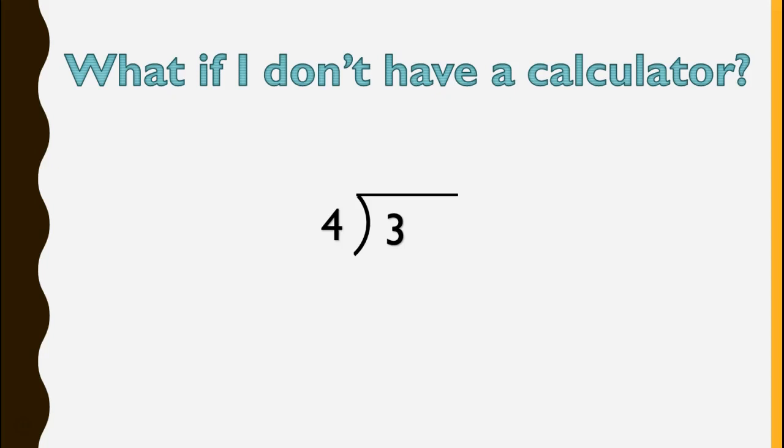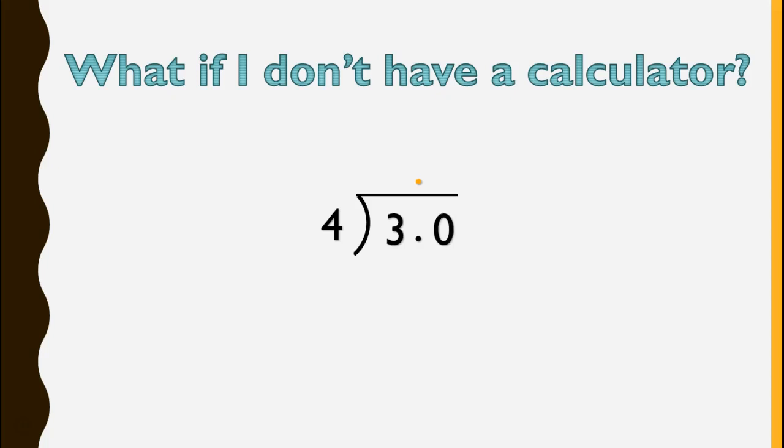Can I split 3 into 4 pieces? No. So that's when I'm going to use my handy dandy decimal. I'm going to pull that out, put that into my problem, and I'm also going to add one to the top of the line because I'm going to need that in my answer. So then I just add a 0.